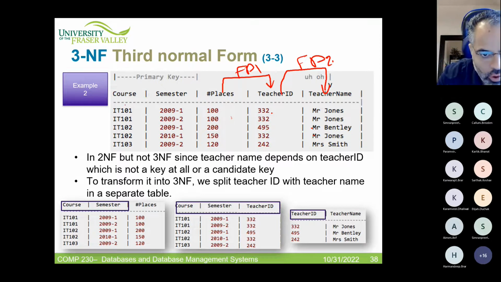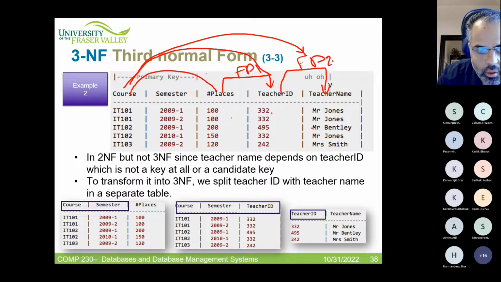Okay, let's see if course is related to place or teacher ID or teacher name. 2001 gives us 100. 2001 gives us 100. 2002 gives 200. This violates, 2002 150. So this doesn't exist.